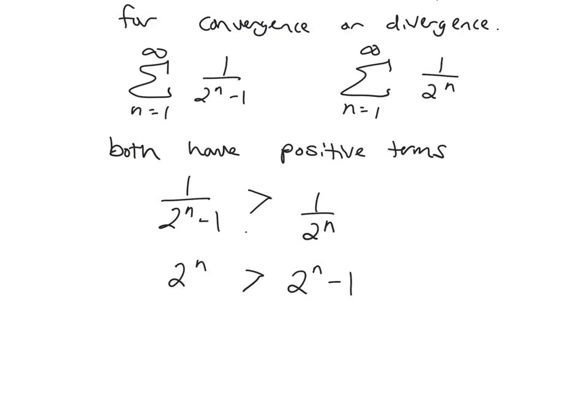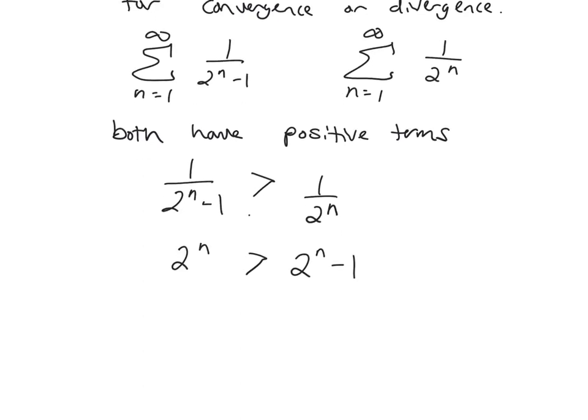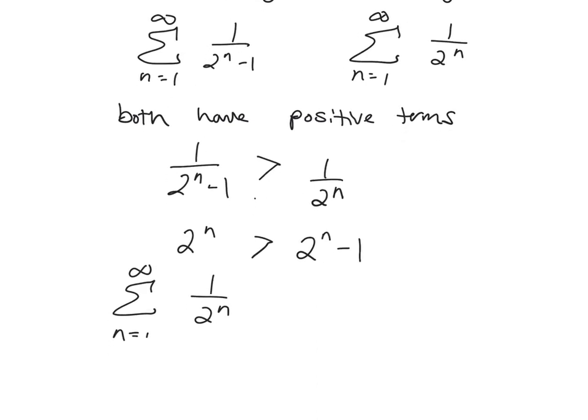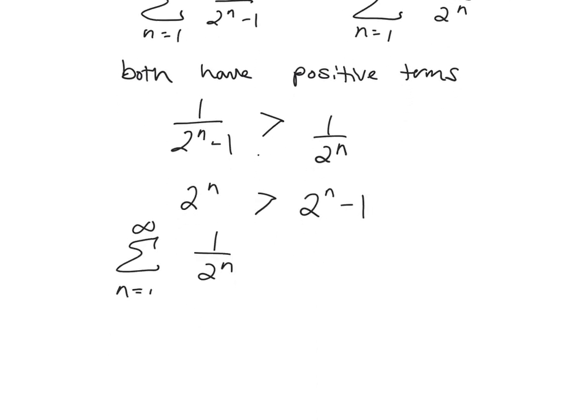Okay, so now I know how they compare. I look at my comparison series, 1 over 2 to the n, and I need to see, does this series converge or diverge? What kind of series is that? P-series or not a p-series? Not, because for a p-series, the power needs to be fixed. It's geometric.